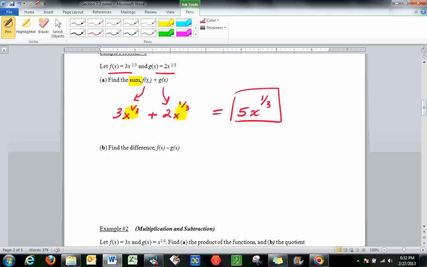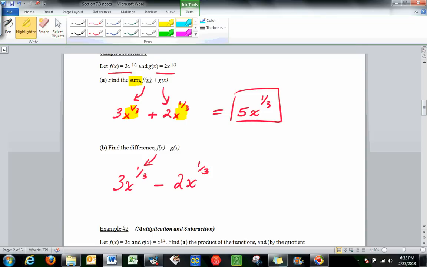Now, part B asks us to find the difference of these two functions. So we would simply, again, substitute in for f of x and g of x. So we have 3x to the 1/3. This time we're doing subtraction, so we're going to have subtracting 2x to the 1/3. And simply again we have common terms.